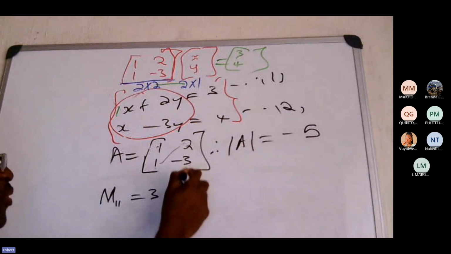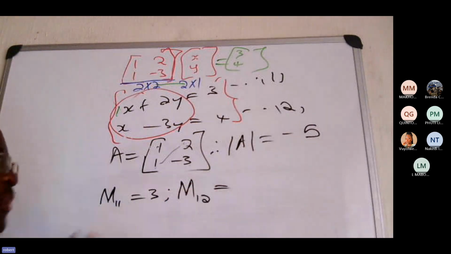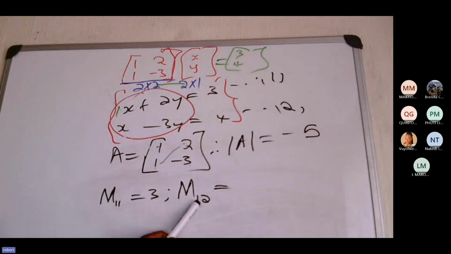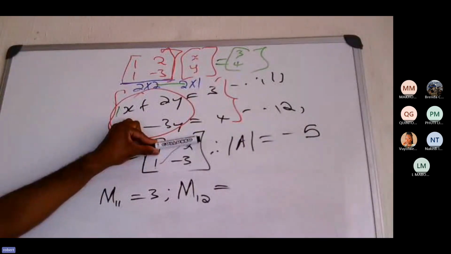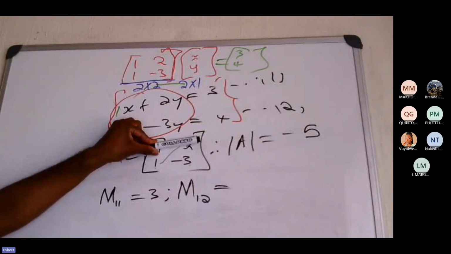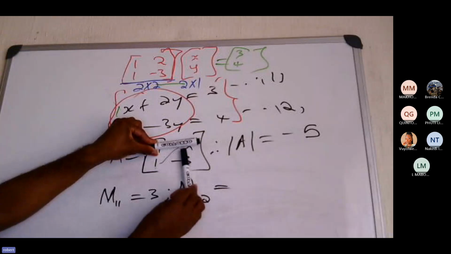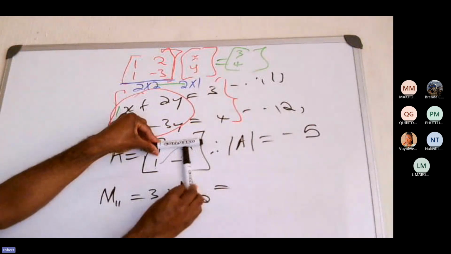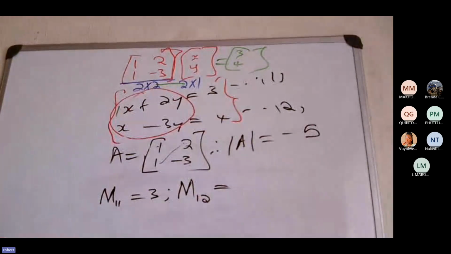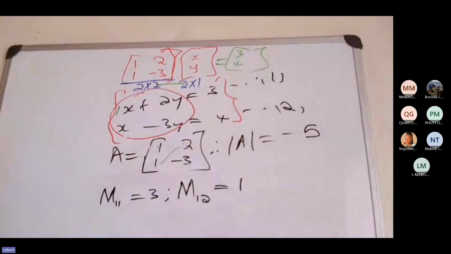Then M12 is the minor of the element in the first row, second column. Meaning you still cover the first row, now you cover the second column. Therefore, it will be the determinant of this one element, which is just 1.